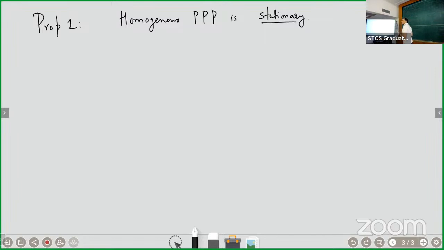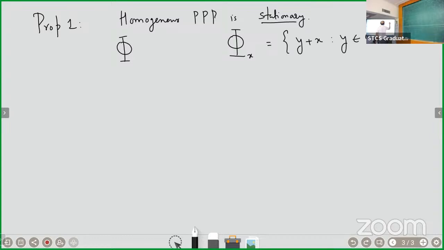If you translate, nothing really changes. If you take the process P and P of X, which is nothing but taking every point of P and moving it by plus X, this is a collection of Y plus X and then 5 minus 2. They should have the same distribution.